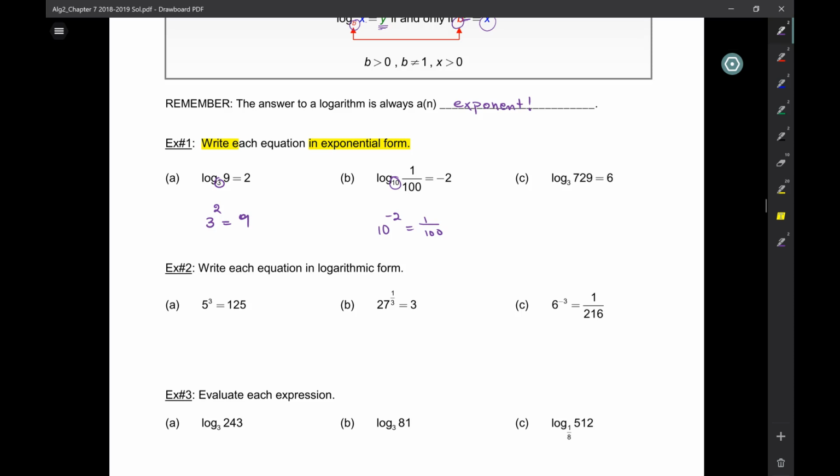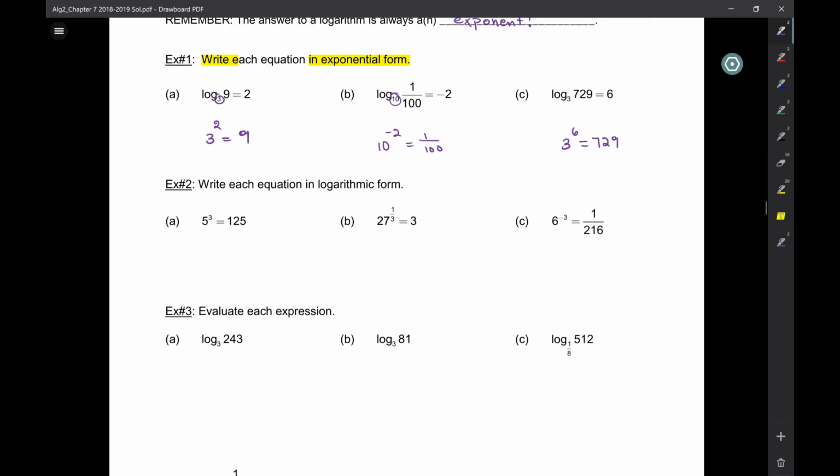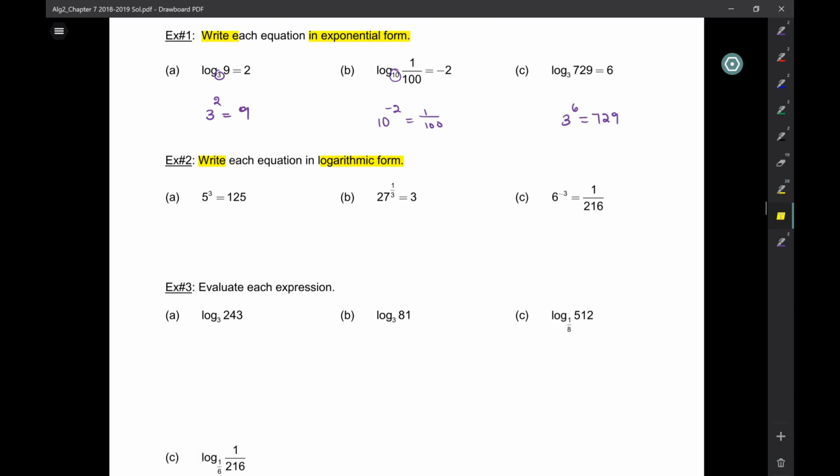All right. Go ahead and tell me the next one. Correct. Now, we're going to go the opposite direction. Write in logarithmic form.